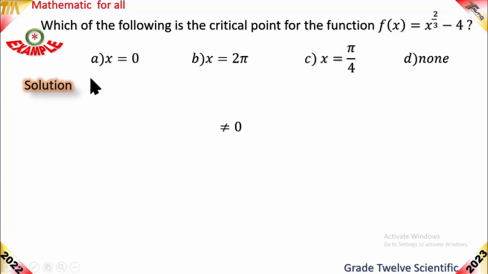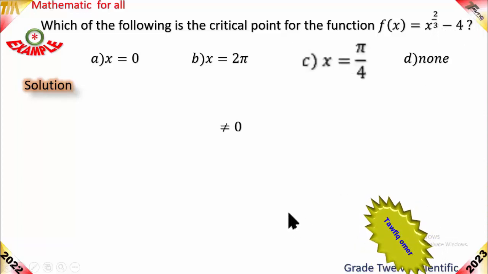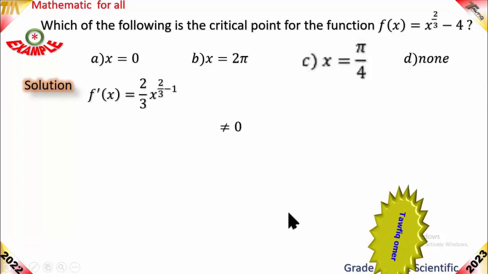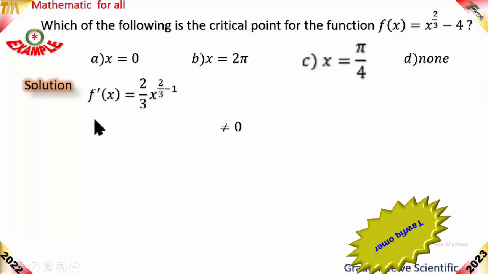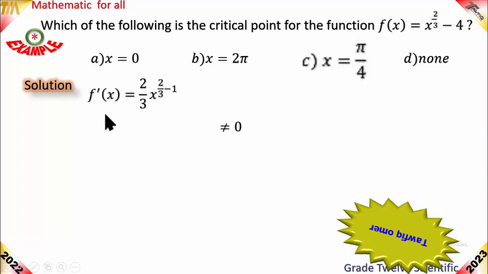Which of the following is the critical point for the function f of x equal to x to the power 2 over 3 minus 4? First of all, take the derivative.